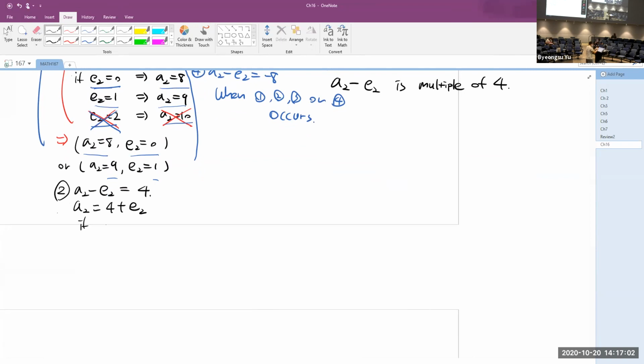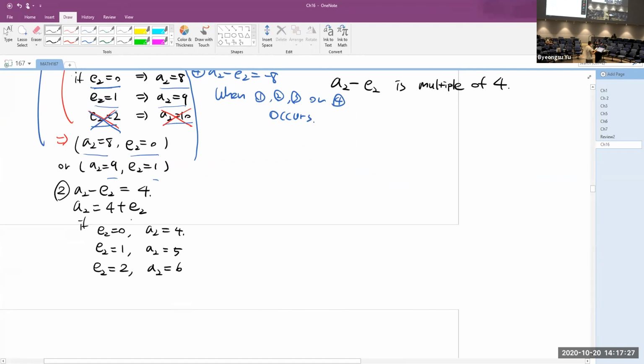If E2 is 0, then put 0 here. You can get A2 is 4, and 4 is a single digit, so it's okay. If E2 is 1, then A2 is just 5. So again, A2 is a single digit, it's okay. If E2 is 2, then A2 is just 6.